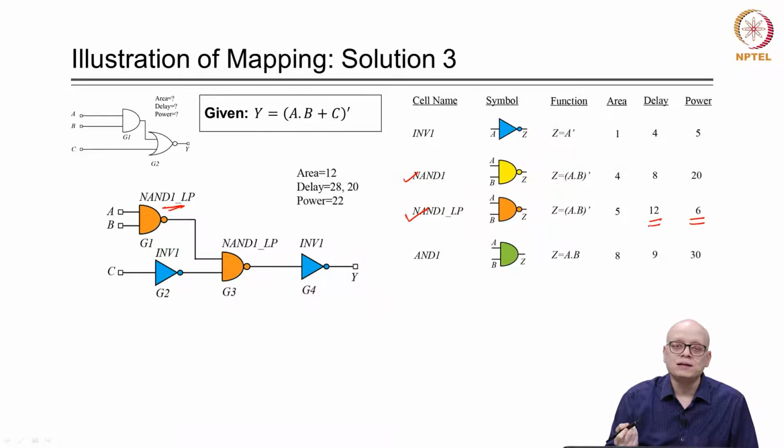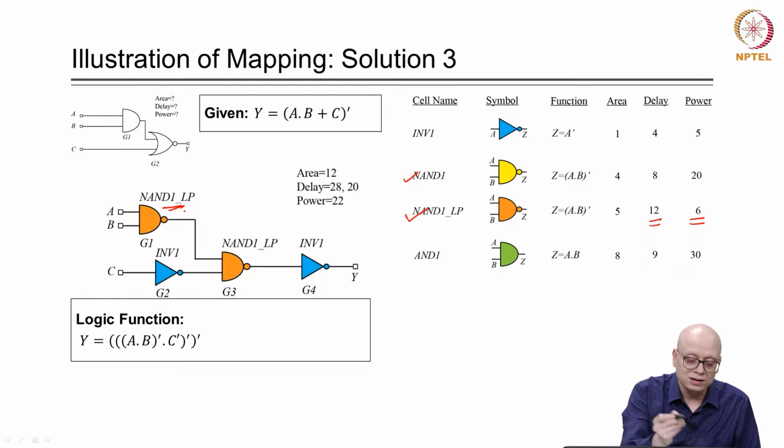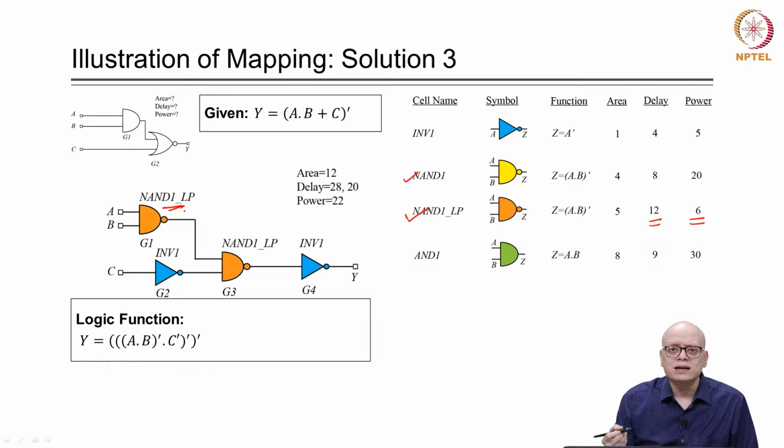This is typical for logic cells implemented with high VT transistors. We have already established the functional equivalence for NAND 1, so if we replace it with NAND 1 LP, it will still be functionally equivalent. We need not worry about the functional equivalence of this mapped netlist.